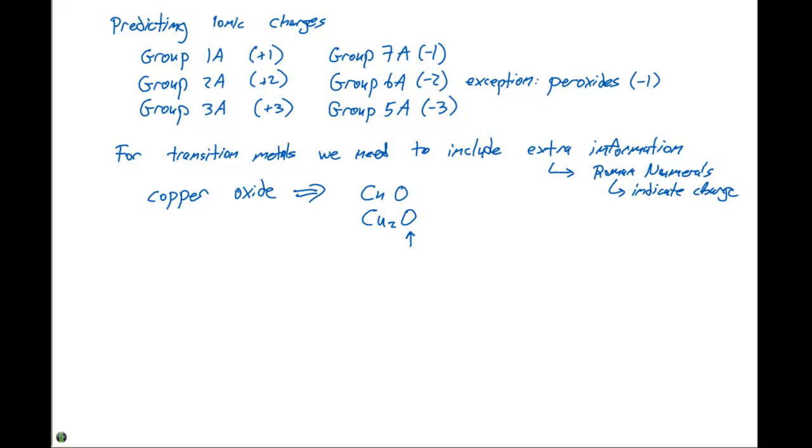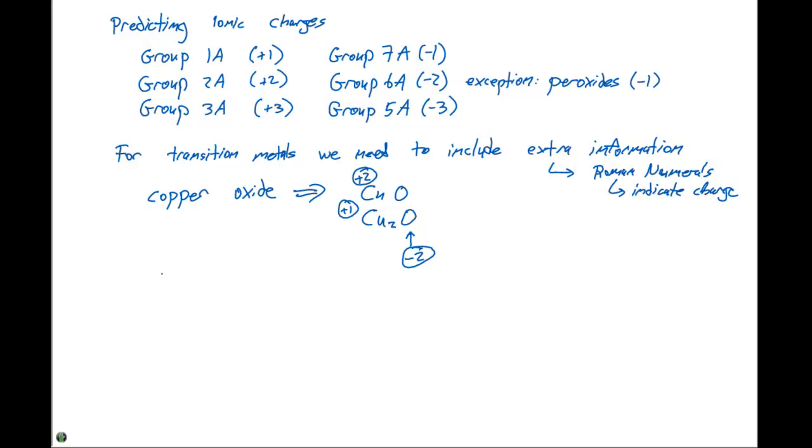The oxide part, or the oxygen, is going to have a -2 charge. So the question is, what's the charge of each of these coppers in this particular complex? If it's CuO, that means the copper has to have a +2 charge, or it's a +2 cation. For Cu2O, this is going to have a +1 charge.